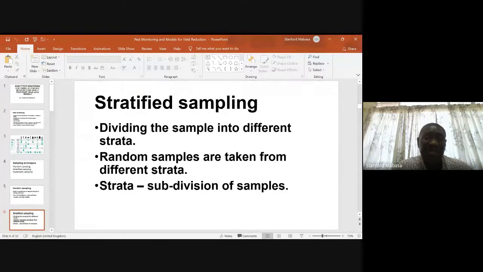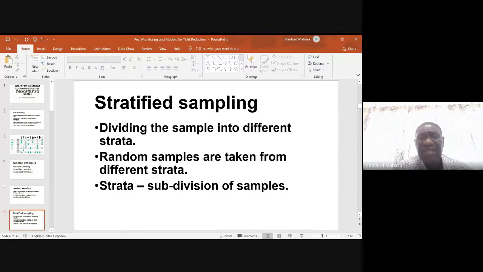Second, we can use stratified sampling. In this case, we divide the sample into different parts or strata. Then within the different strata or parts, we do random sampling. A strata is just a subdivision of samples.